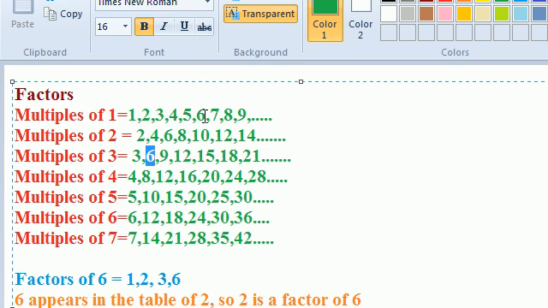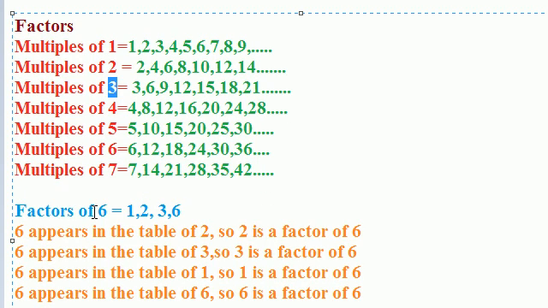So we are observing that one number can have more than one factor. The same number 6 is having factor 1, a factor 2, a factor 3. So let's write down the factors of 6. We have written 1, we have written 2, we have written 3.